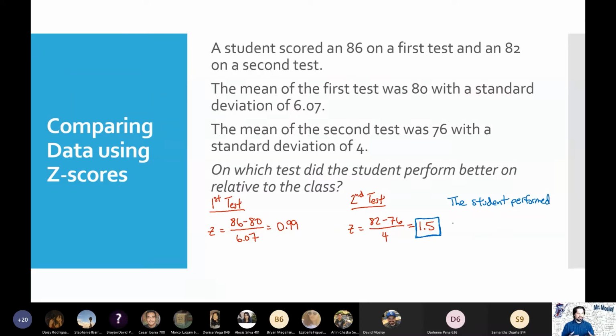Are there any questions on this type of calculation and how we can use the z-score in comparing these types of things? Okay.